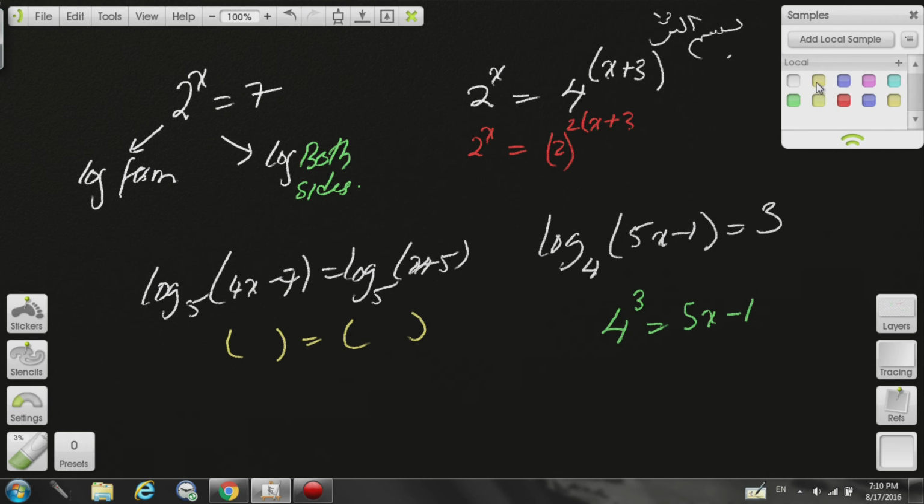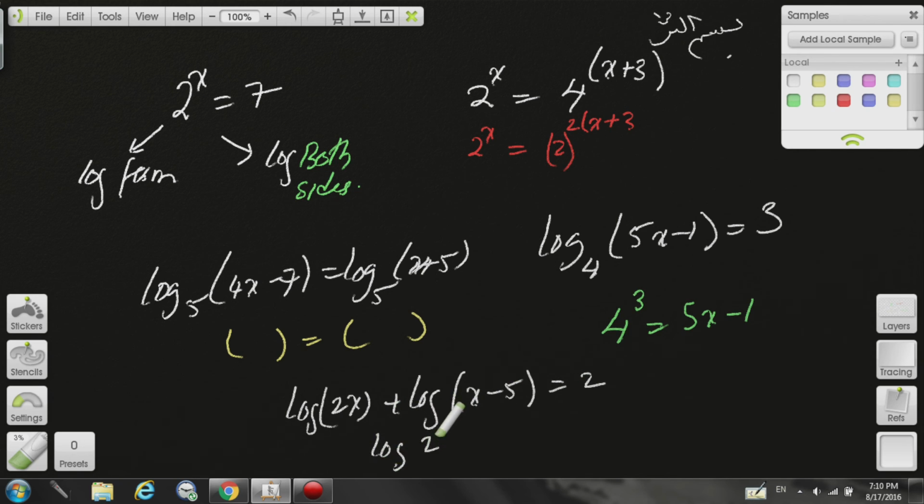And the final example I gave you was something like log of 2x plus log of x minus 5 equals 2. I changed this to log of 2x times x minus 5 equals 2, and then we changed this into exponential form and solved the equation.